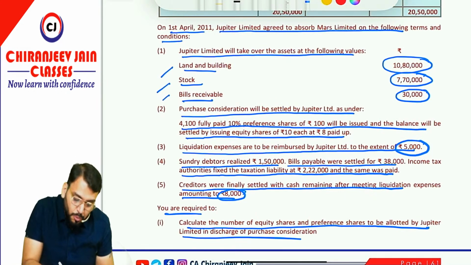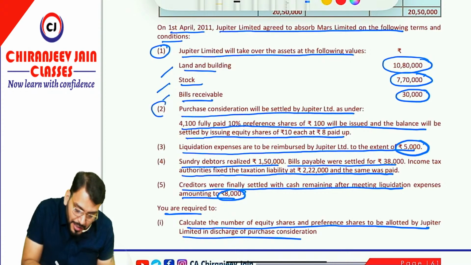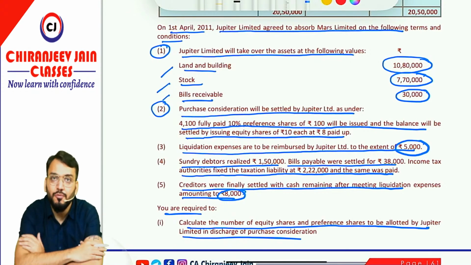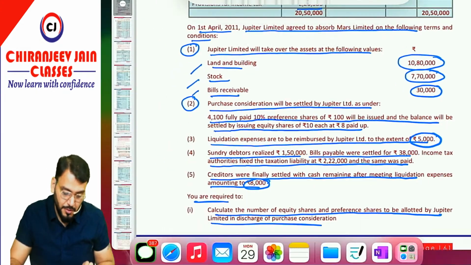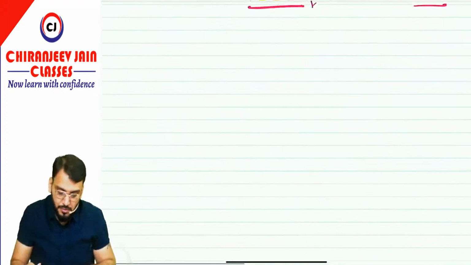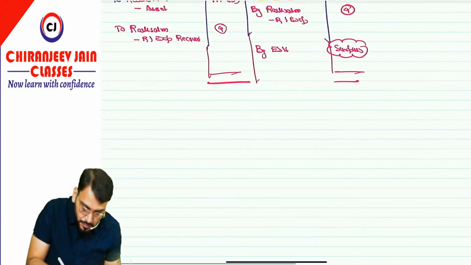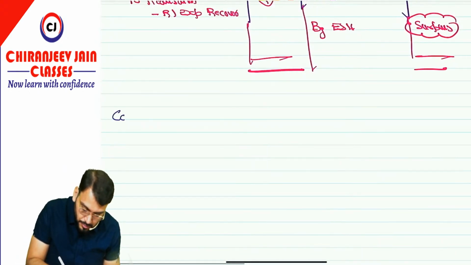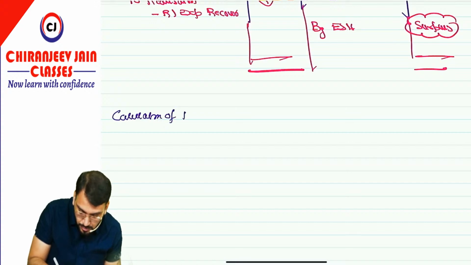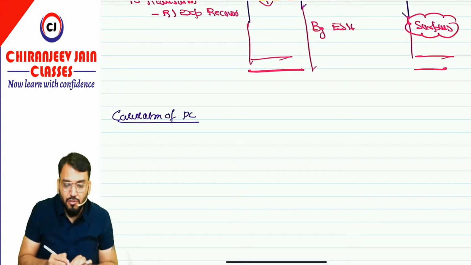You can see point number 1 and point number 2 are the information given for PC. So first you need to tell me, will we calculate PC by using net asset method or net payment method? So first we are doing calculation of PC.